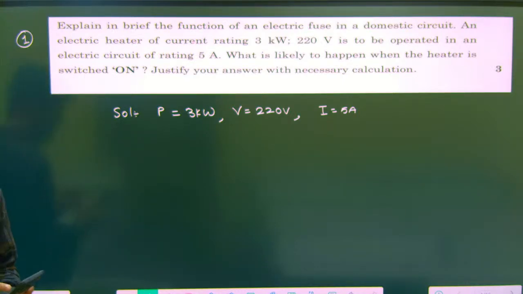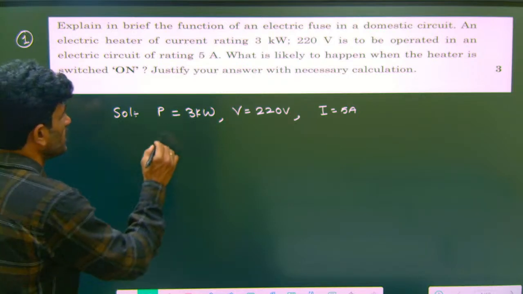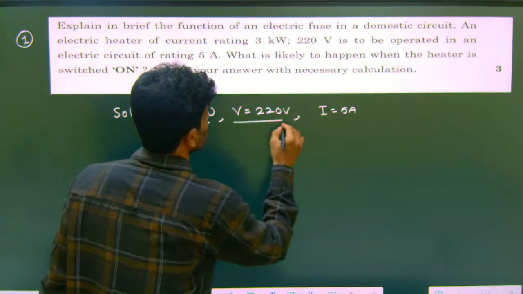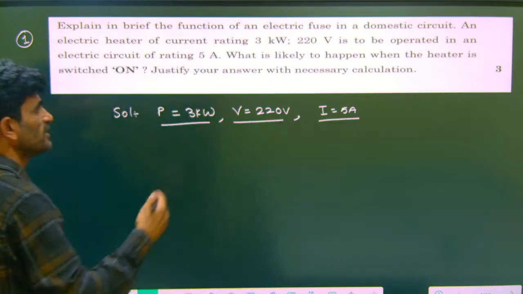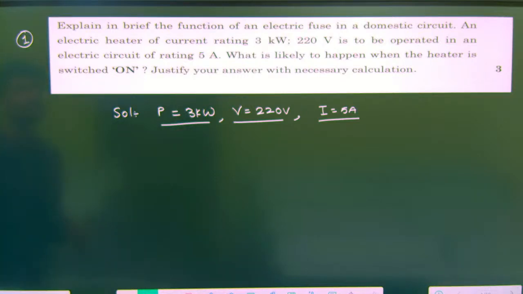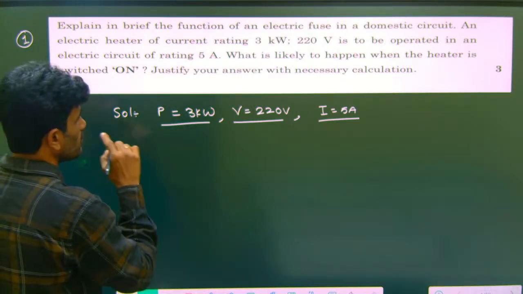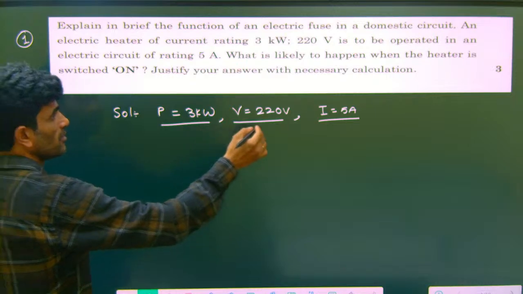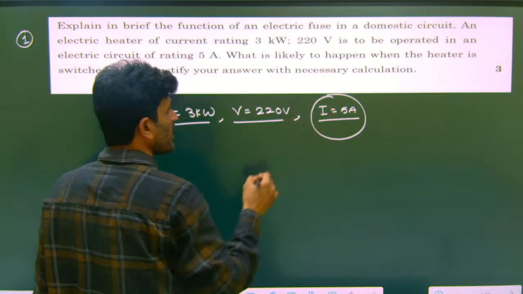Okay, let's continue. In this question, power is given, voltage is given, current is given. We have to decide what happens here. So we have to find out the current in this case, because current is allowed up to 5 amperes only.